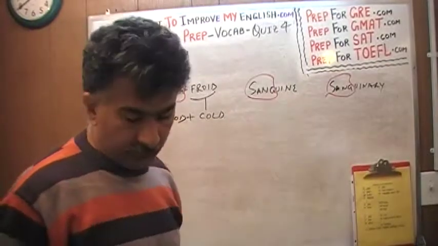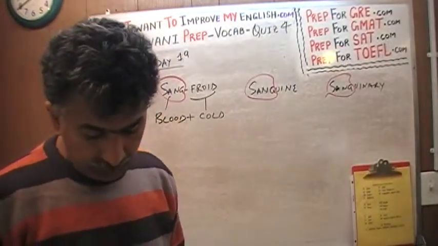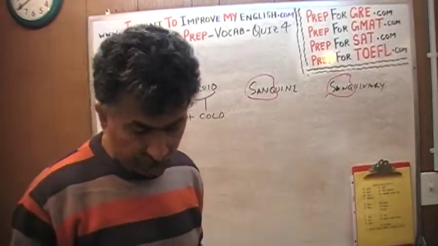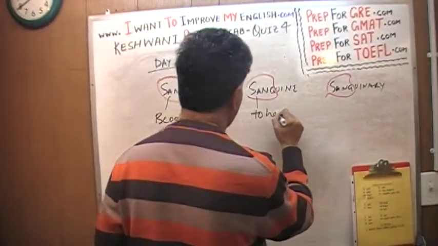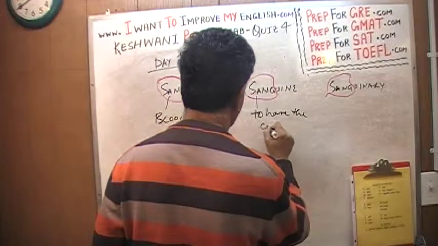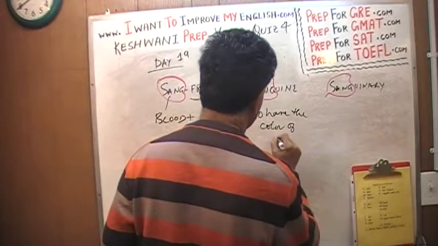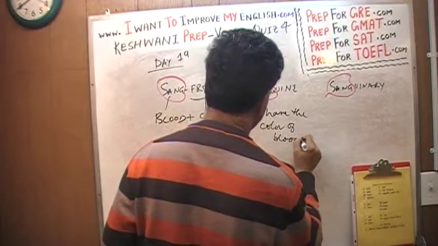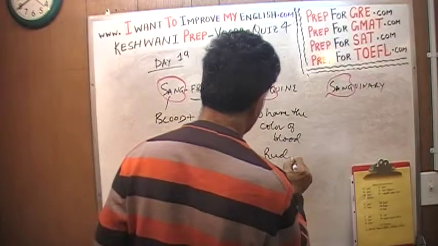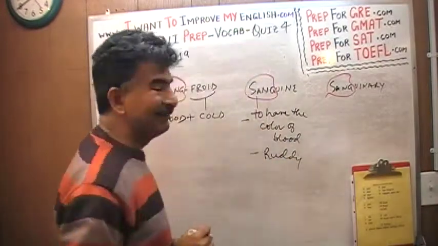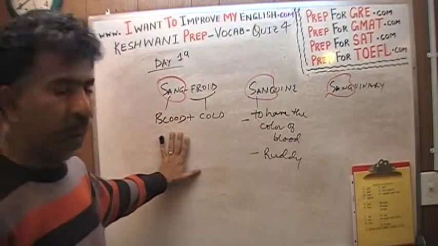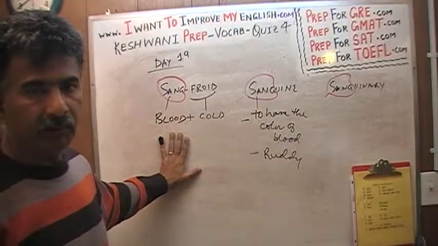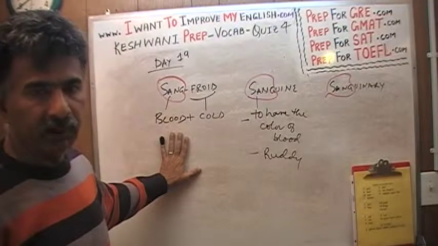Sanguine and sanguinary are words we're going to learn later, but sanguine means to have the color of blood, or to be ruddy, if you like. That's what it means literally. Metaphorically, sang-froid, which literally means to have cold blood, means to be calm, to be collected, not to be angry.